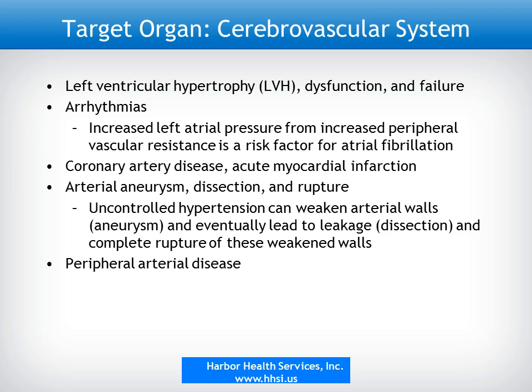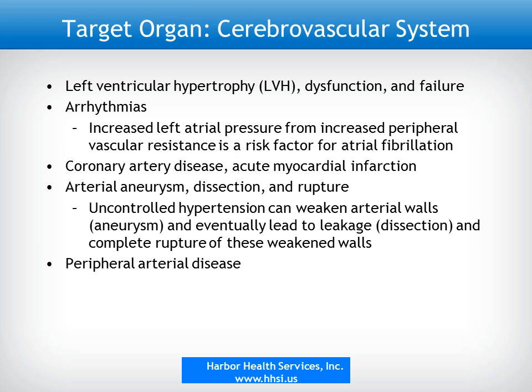Long-term hypertension can also lead to arrhythmias. The left ventricular hypertrophy kind of backs up and can lead to increased left atrial pressure from the increased peripheral vascular resistance. And that increased left atrial pressure is a risk factor for developing atrial fibrillation, which is a very common problem and very difficult to deal with in some patients.